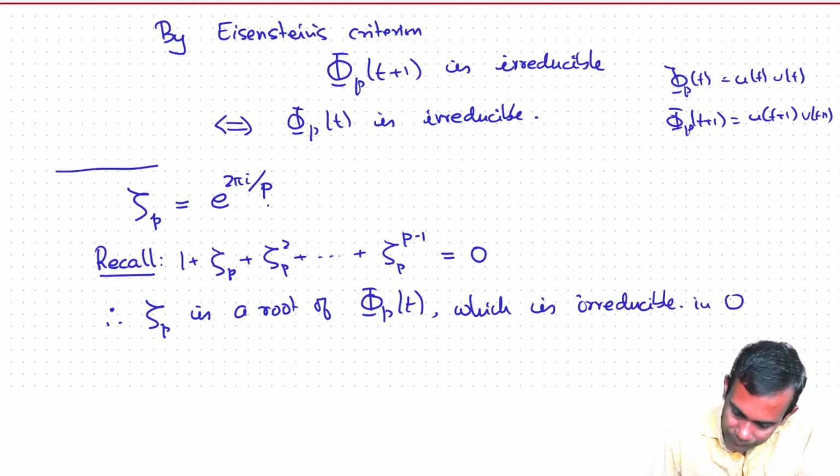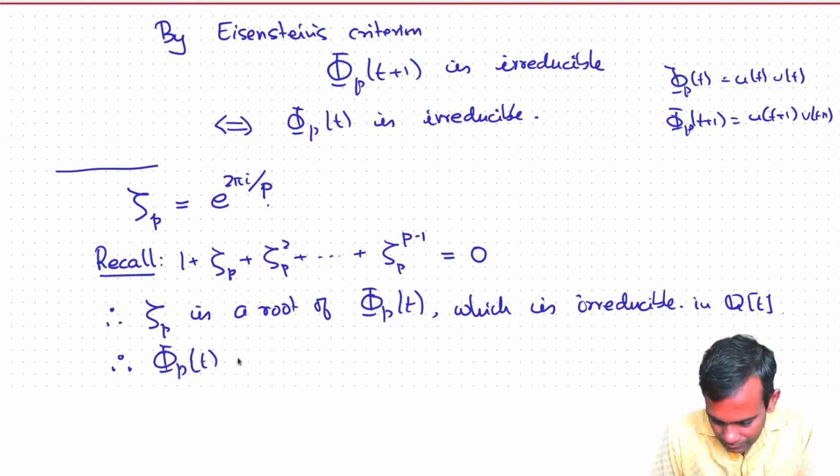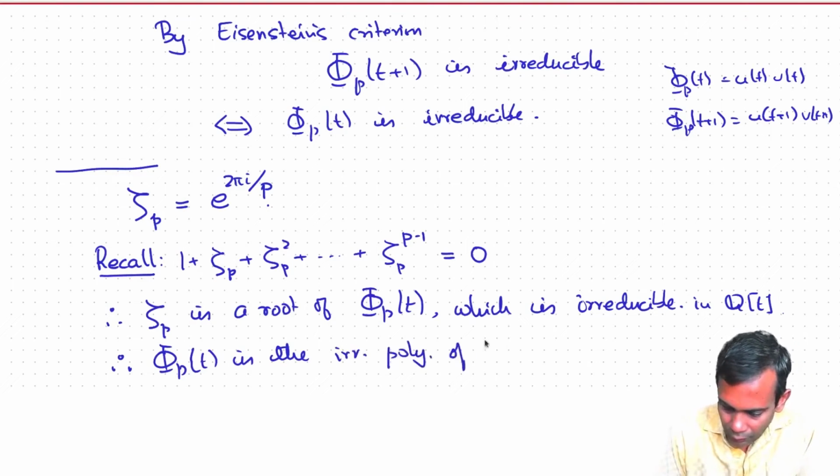In Q[t]. So what this means is phi p t is the irreducible polynomial of zeta p.